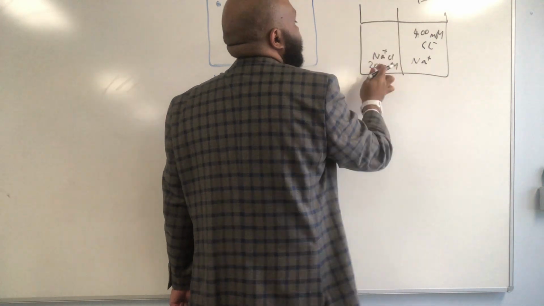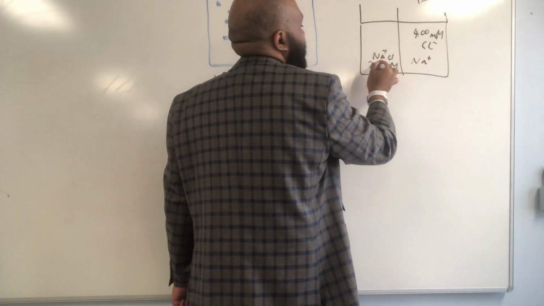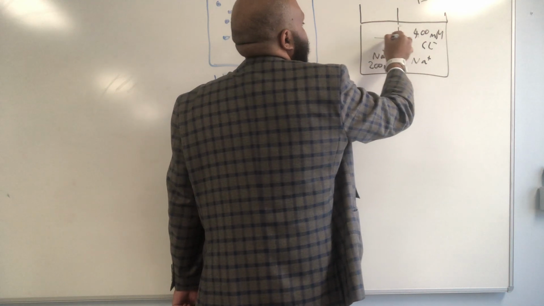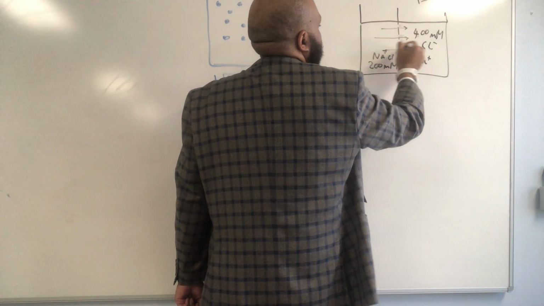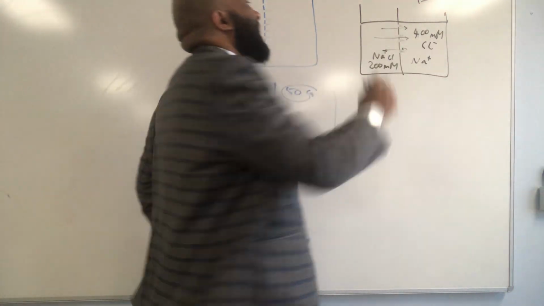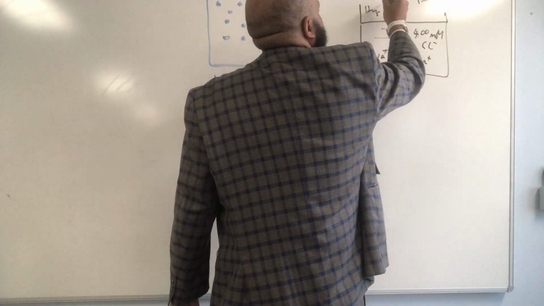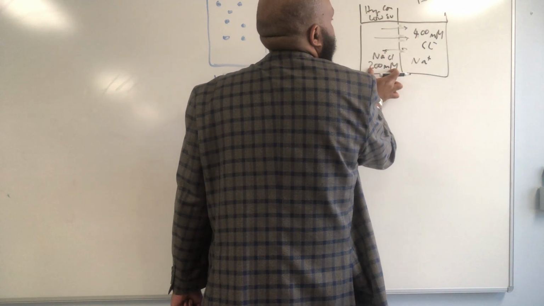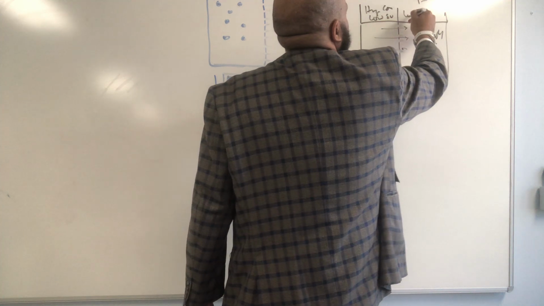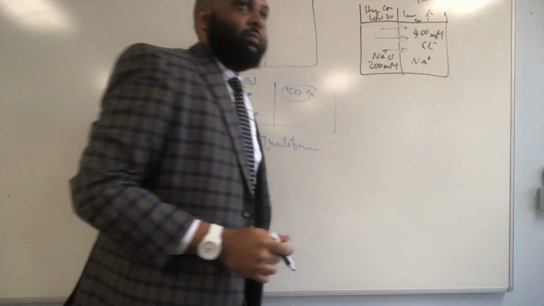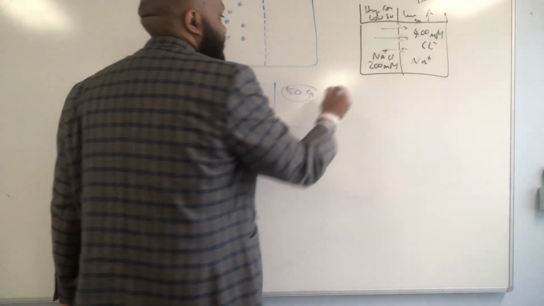So it's going to move to dilute. It's not going to be concerned with the 200. The water is going to move from this direction to this direction to dilute the 400. So water moves from an area of high water concentration, low solute concentration, 200, to an area of low water concentration and high solute concentration. This is called osmosis.